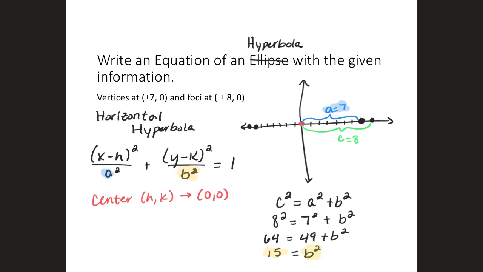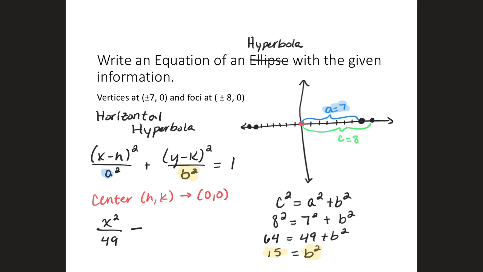Because my center is at 0, 0, I'll have x minus 0, so I'll just put x squared. Again, x minus h squared. So x squared, because h is 0, over my a squared value. a is 7, so a squared is 49. I'm going to subtract, and I actually messed that up.